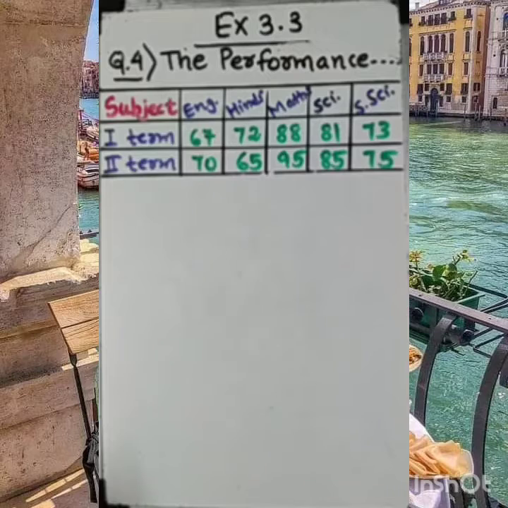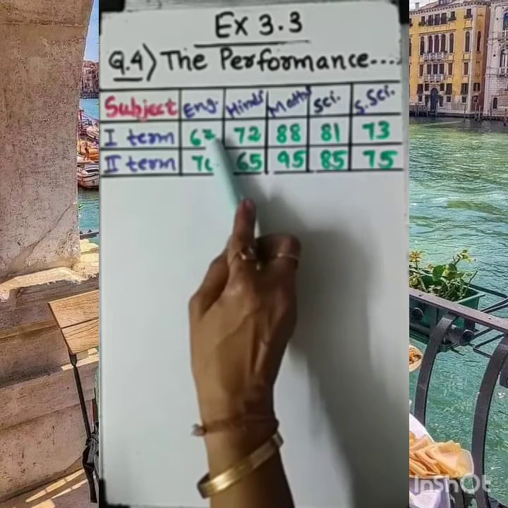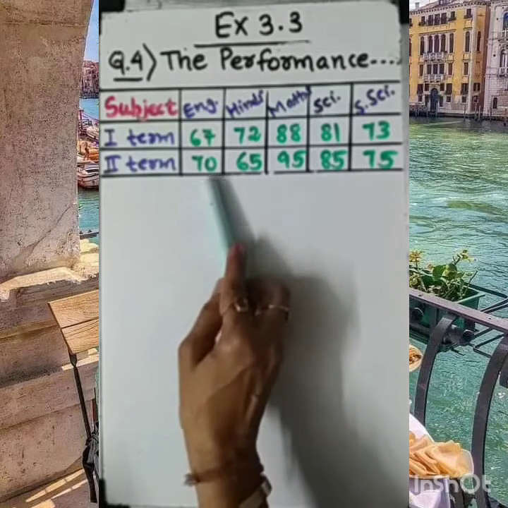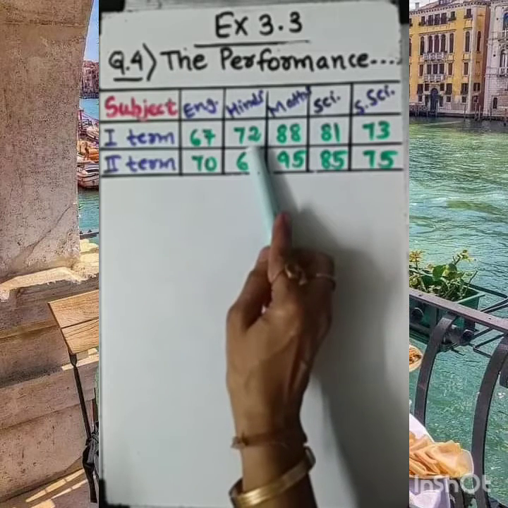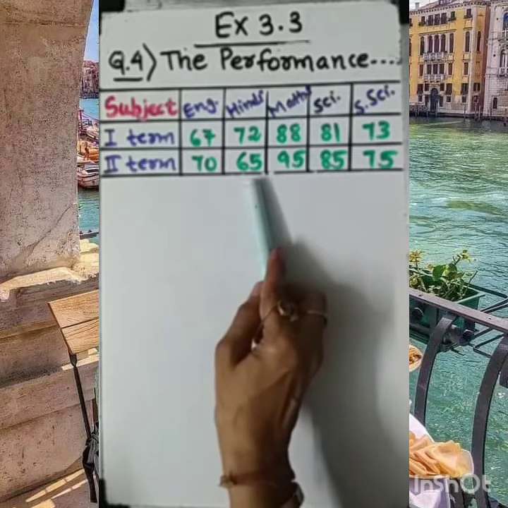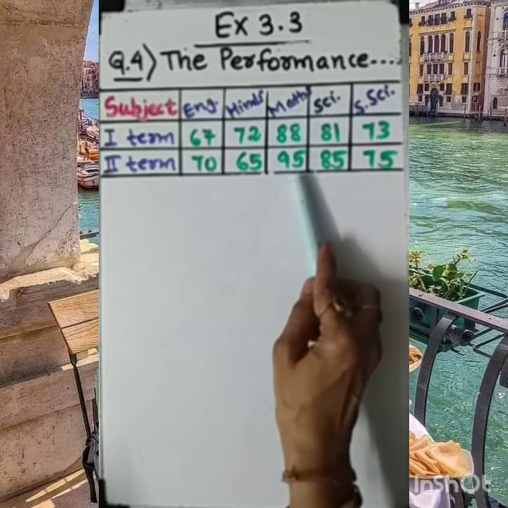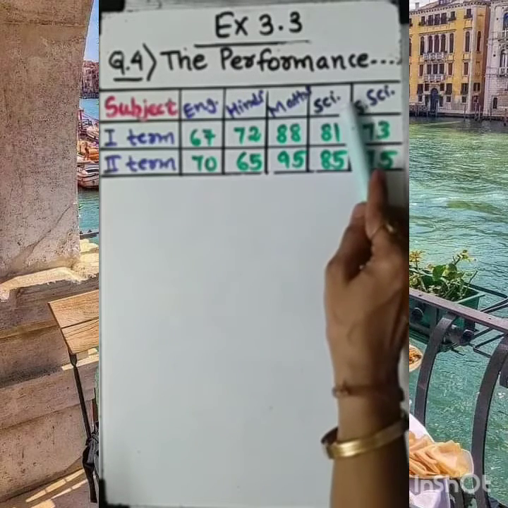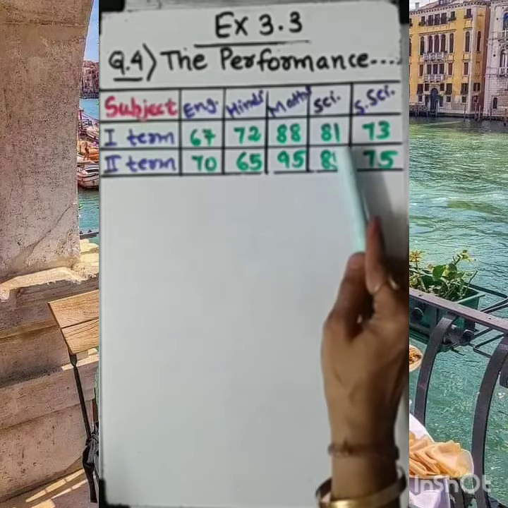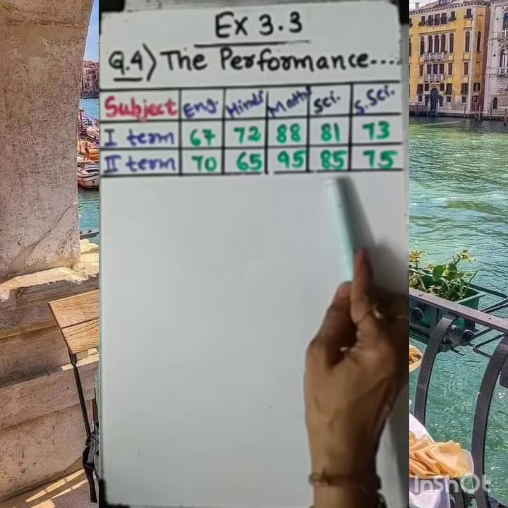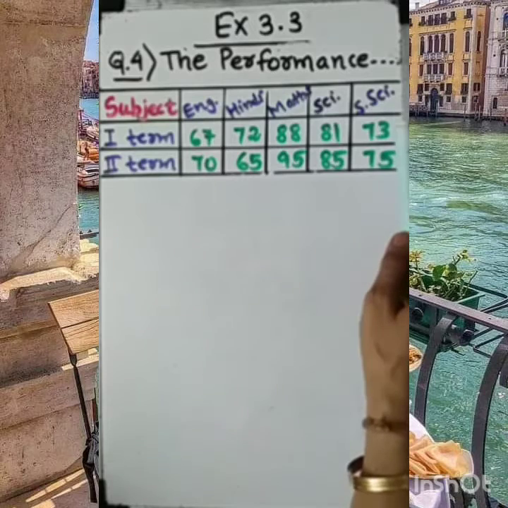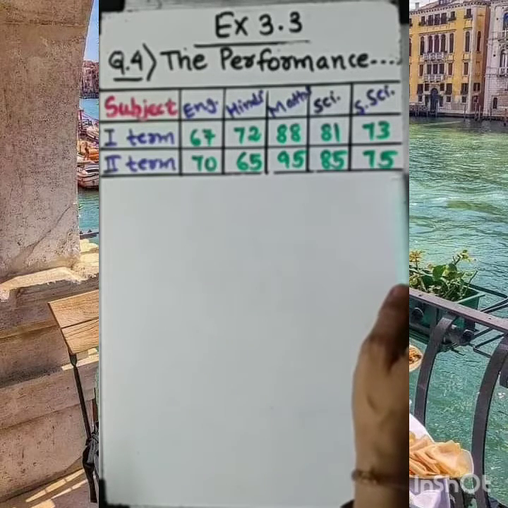Okay, here in English 67 in first term, in second term 70, in Hindi 72 in first term, 65 in second term, in Maths 88 in first term, 95 in second term, in Science 81 in first term and 85 in second term, Social Science 73 is in first term and 75 is in second term.